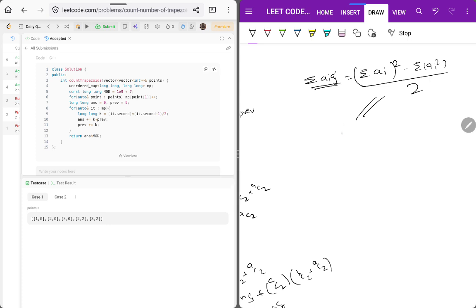Go through this formula and try doing it this way. Here you will have to take care of mod because of the division, so we'll have the inverse of the mod multiplied and then mod for the range. Try this one out and tell me the solution in the comments.